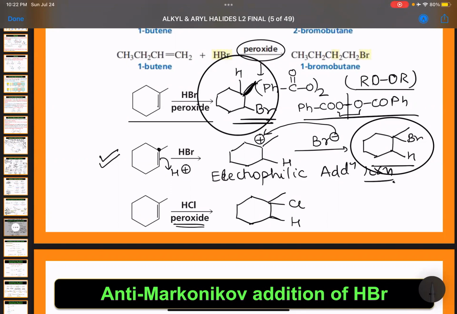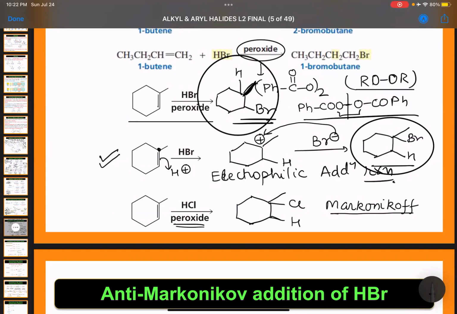Very, very important. So this is Markovnikov addition. You can write two spellings, Markovnikov or Markownikoff, because it is a Russian name. You will find both spellings in the book, so don't get confused.